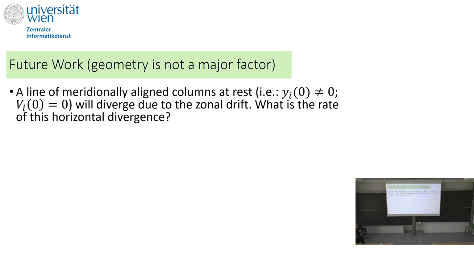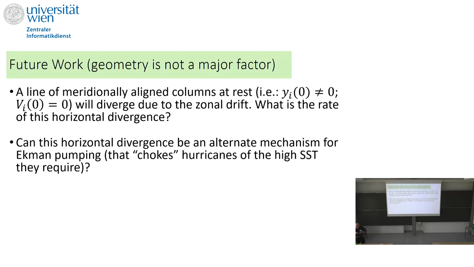So that means that we'll have horizontal divergence in the zonal direction. The drift in the westward direction will be different for different columns of water. And the question is how fast it is, and what will it do to the dynamics in the real case? Does it have any parameterization that can be helpful in the Eulerian sense?